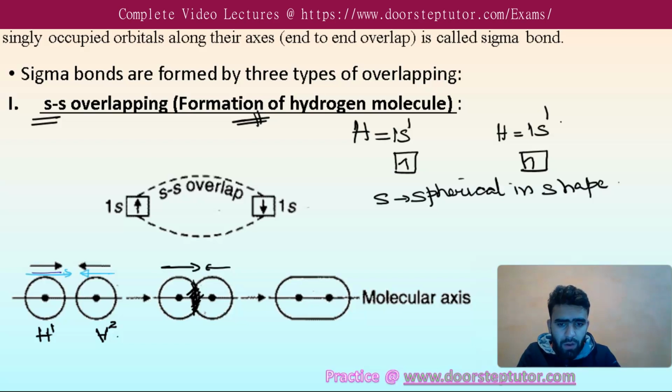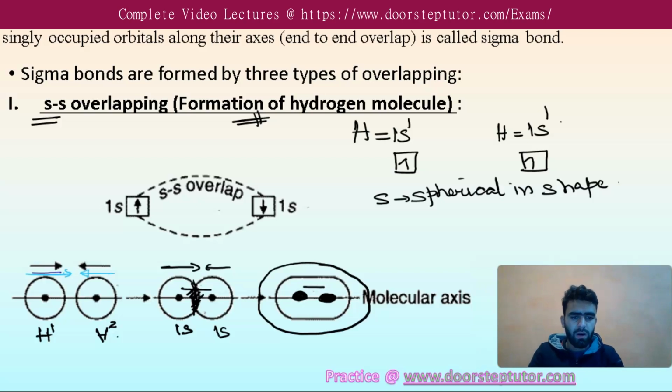So when overlapping occurs between the s orbital of one hydrogen and the s orbital of another hydrogen, a covalent bond is formed. If I represent this in terms of molecular orbitals, this orbital is generated overall, as a result of which a covalent bond is formed between hydrogen 1 and hydrogen 2.